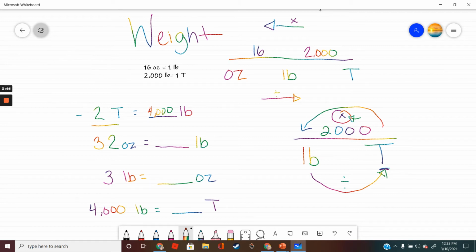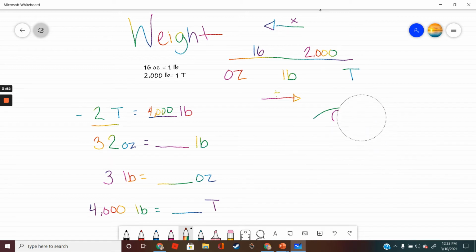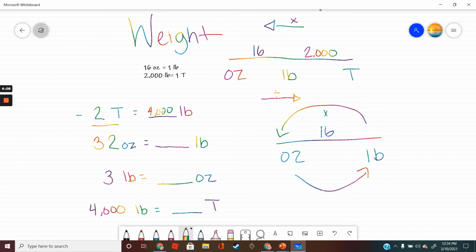Thank you so much. All right, next up we have ounces to pounds. So I'm going to erase this and pull up my ounces, pounds, and 16. Remember, if you go from a big unit to a smaller unit, you're multiplying. If you are going from a smaller unit to a larger unit, you're dividing.